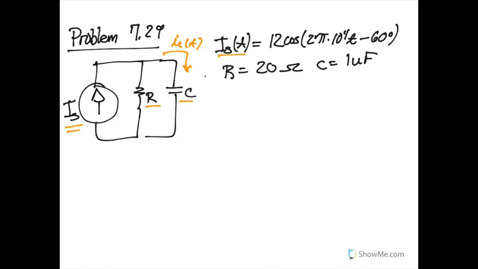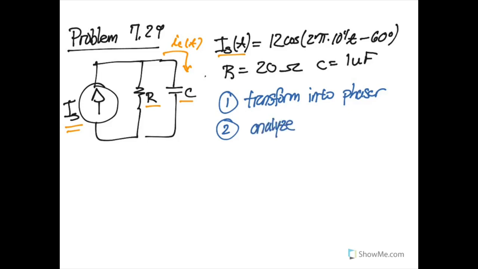Following our phasor problem-solving technique, step number one for this problem is going to be to transform all of these quantities into the phasor domain. Step two is going to be, once we've moved everything into the phasor domain, to apply our standard analysis techniques.